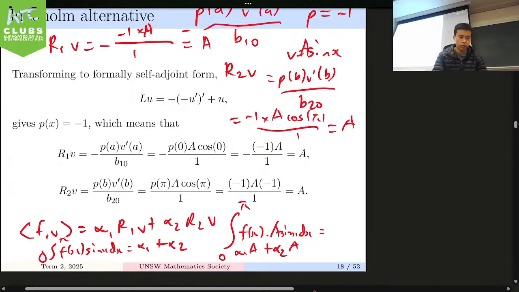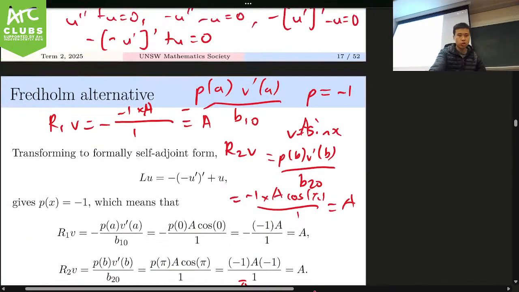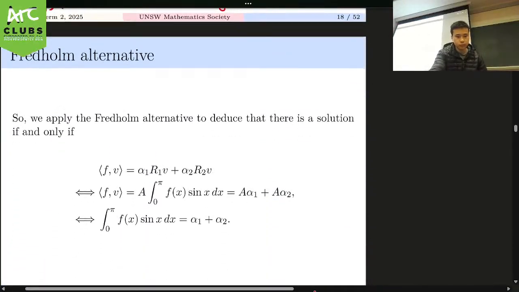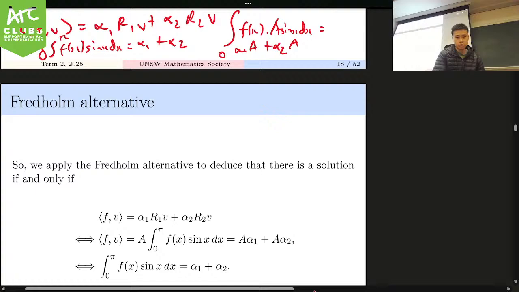Whatever the forcing term is, times sine x, integrated, must equal the sum of the results of our boundaries, alpha 1 and alpha 2. There is a solution if and only if this condition is satisfied. So that's the power of the Fredholm alternative. Initially, when it's shown to you, it is really obscure, but that is the application of the Fredholm alternative.